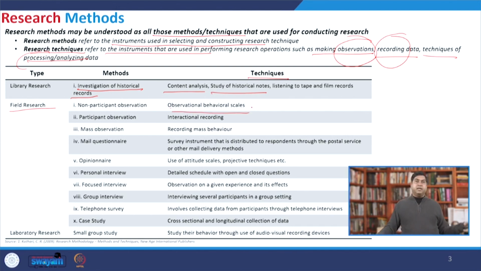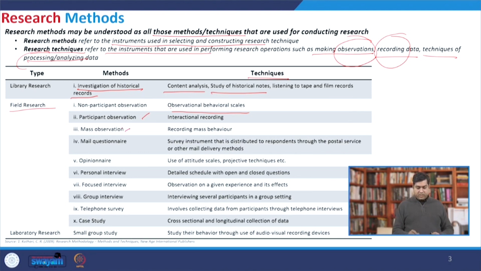In this case we just observe how people behave in a given situation. Suppose you just want to capture how people cross a busy intersection, so you just observe it there. You are not asking anyone anything, but capturing how they are crossing that particular intersection. It may also be participant observation. In this case you can definitely go for recording that particular option.